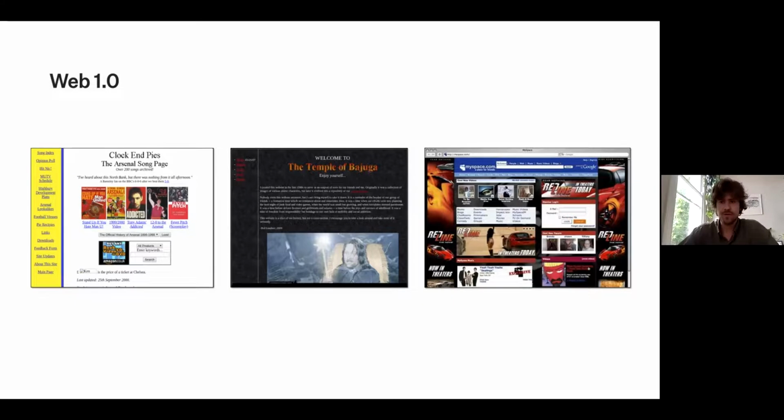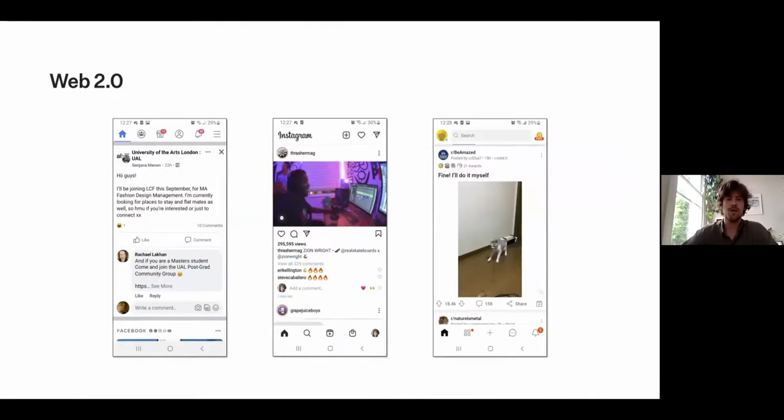And then there's a transition to Web 2.0, which is much more prescriptive and much more uniform in the way that it can be used. And rather than the user dictating how the space will be used, the space dictates how the user will use it.